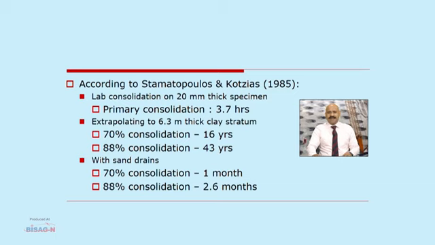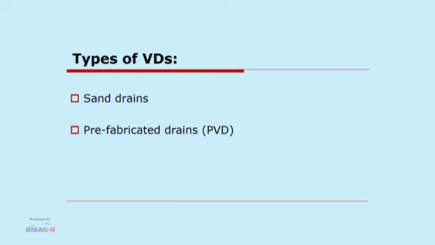In this, we can clearly see that if we do preloading or pre-consolidation, consolidation up to 70% can be achieved in 1 month and 88% within 2.6 months, which is way better than 43 years. Types of vertical drain are sand drains and prefabricated PVD drains.